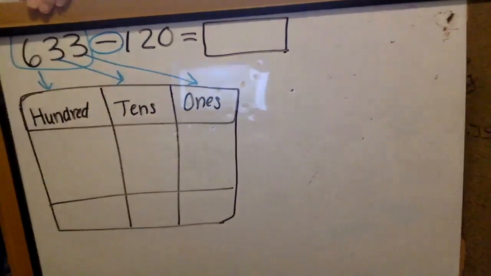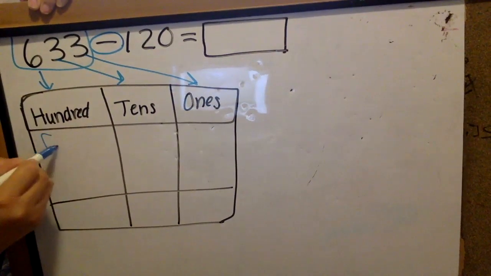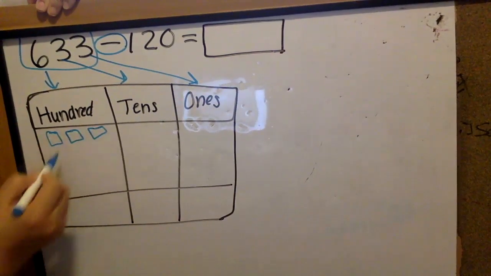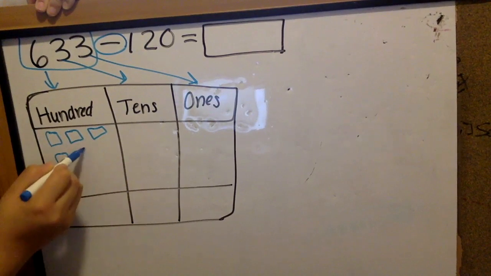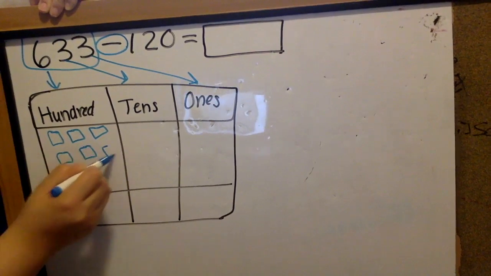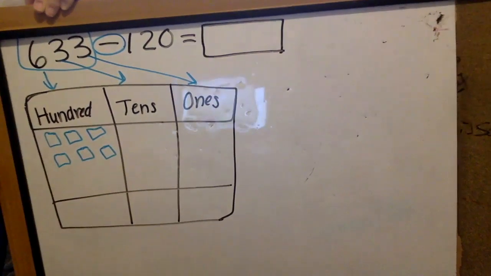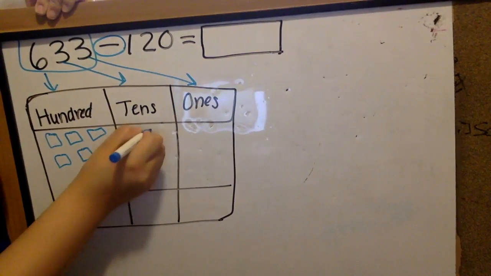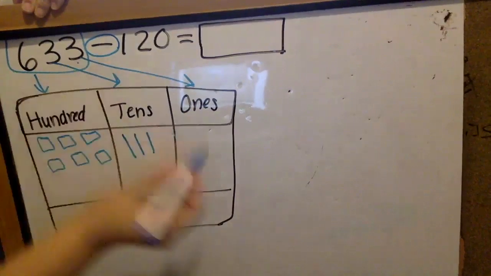So for our hundreds, remember, we're going to do little squares. So 1, 2, 3, 4, 5, 6. And our tens, we have 3: 1, 2, 3. And then in our ones, we have 3.